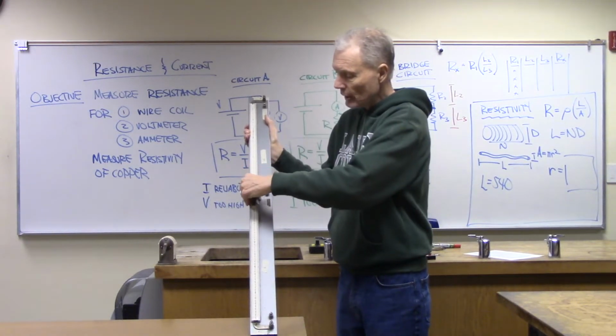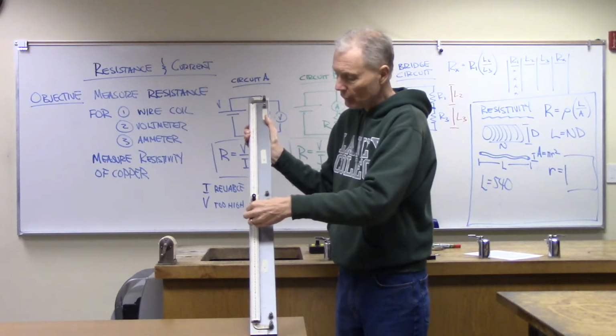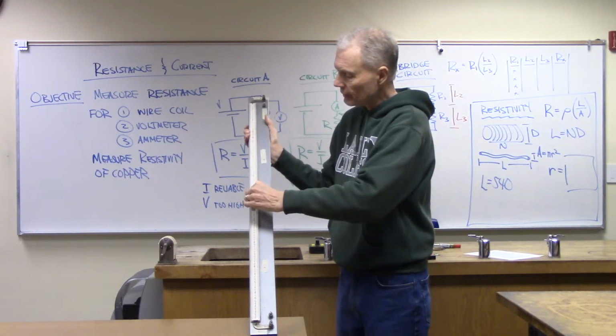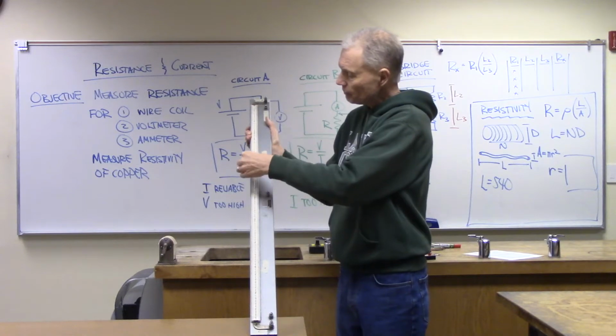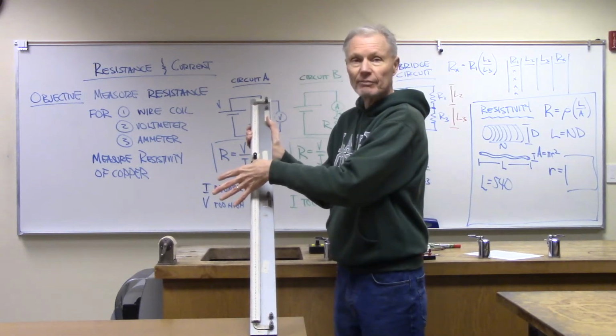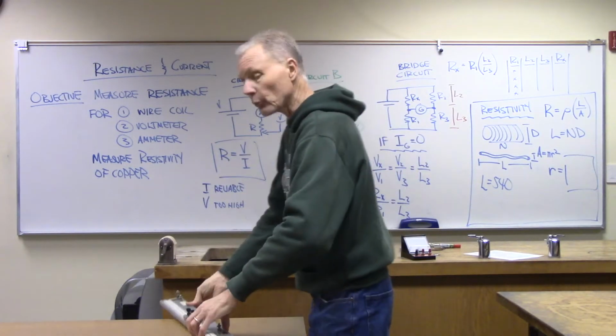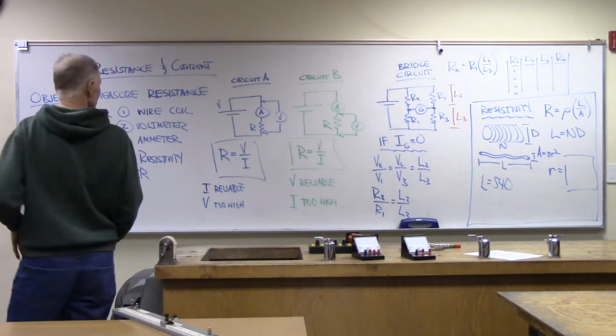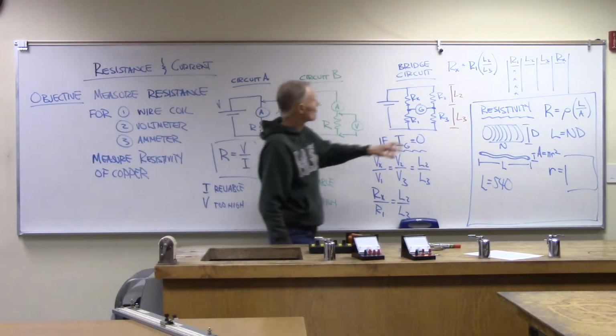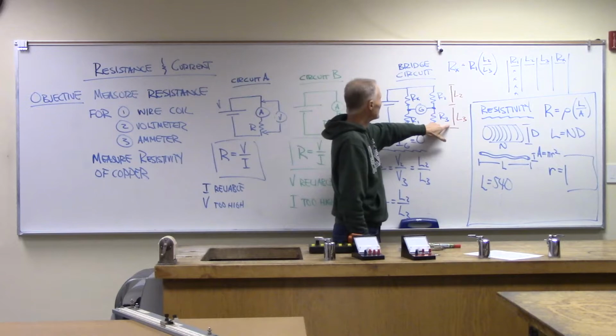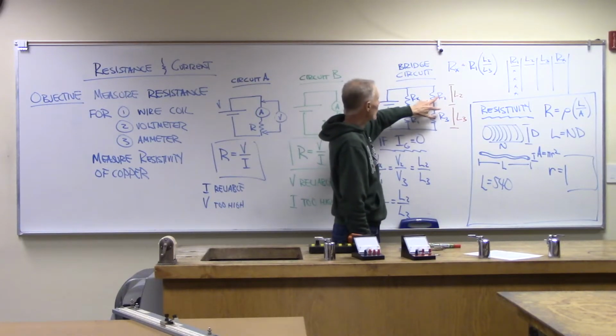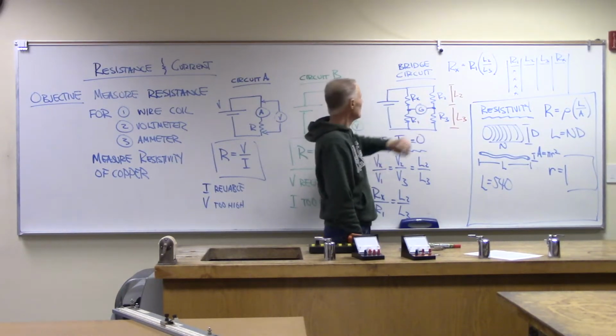Okay. And so what we can do is move this from location to location. Depending on how it gets divided up, the ratio of those lengths, L2 and L3, those are going to be in proportion to the resistances.